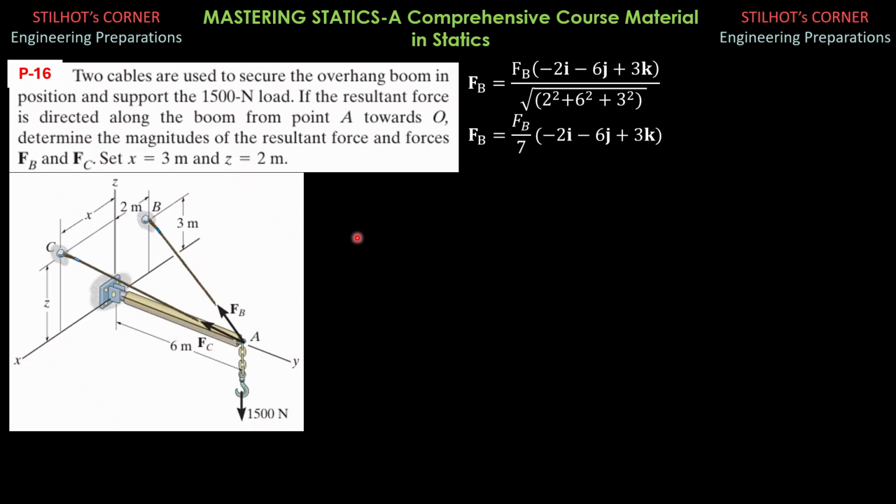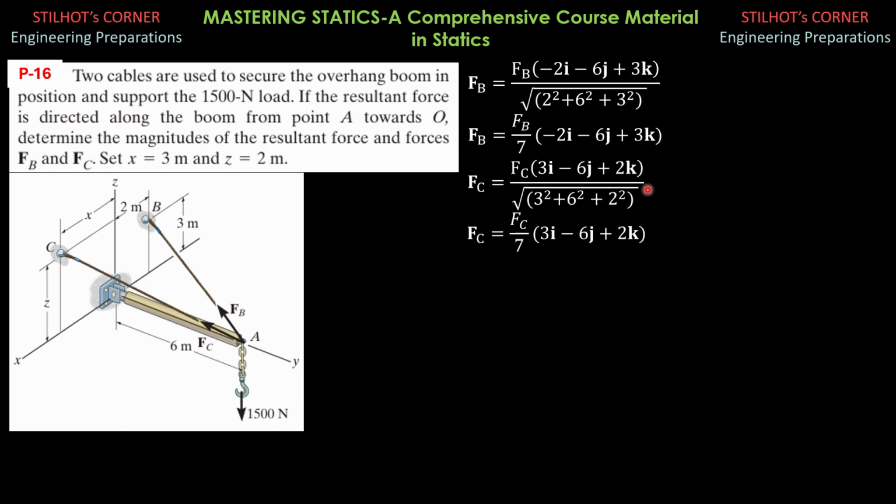So Fc is magnitude Fc quantity 3i minus 6j plus 2k over square root of 3 square plus 6 square plus 2 square, and simplifying, that would be Fc over 7, quantity 3i minus 6j plus 2k. So take note that R is Ry j.